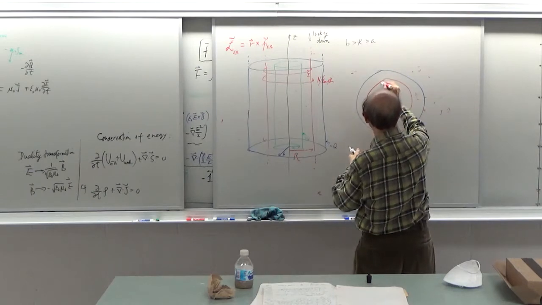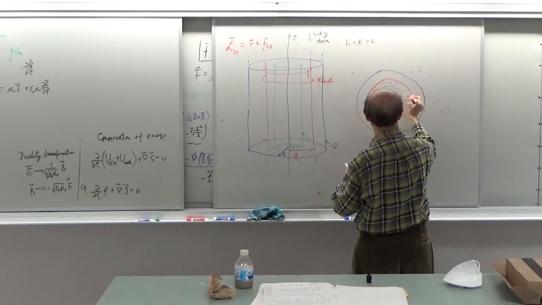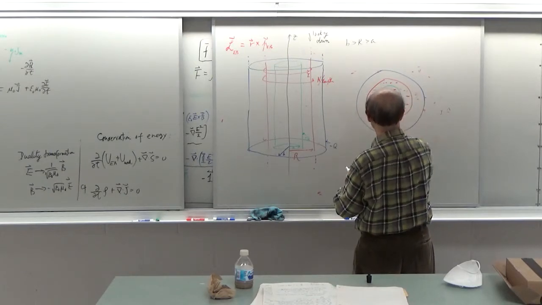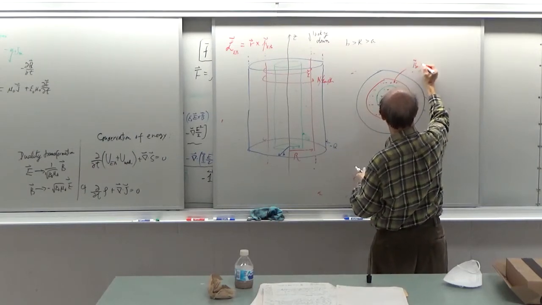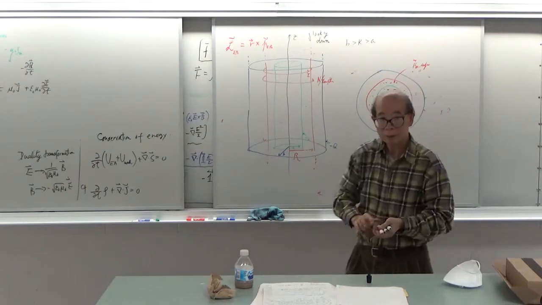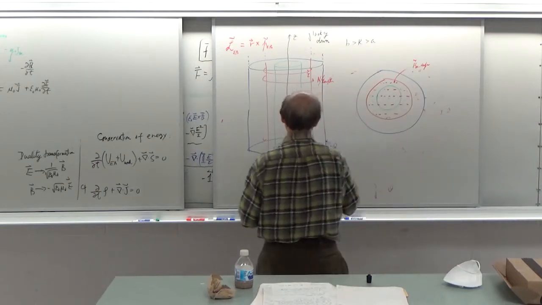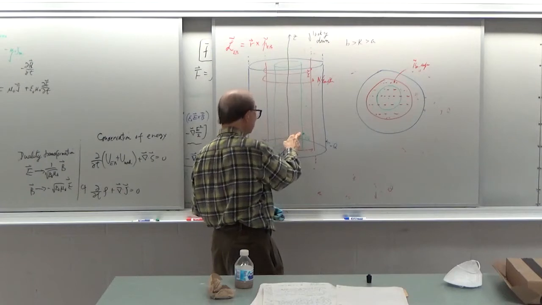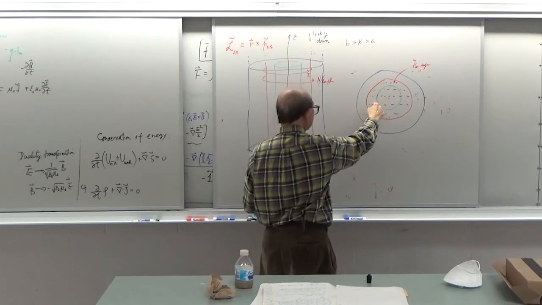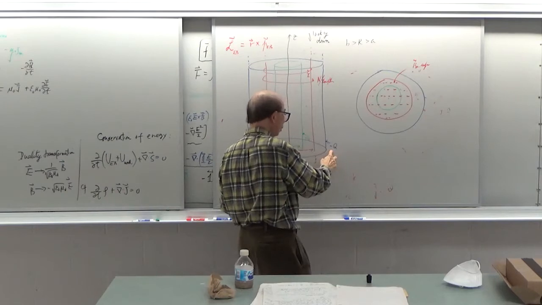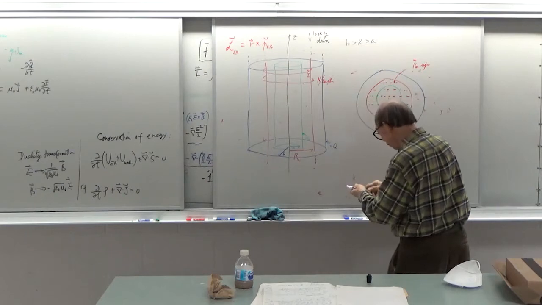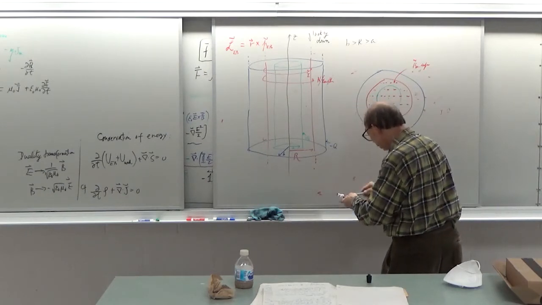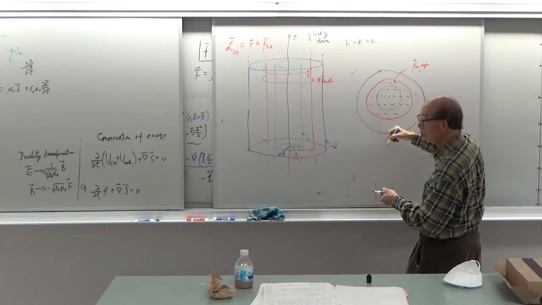So B is coming up, uniform. But we also notice that this positive charge on the green circle and minus Q on the outer circle mean that there will be an electric field pointed radially out.